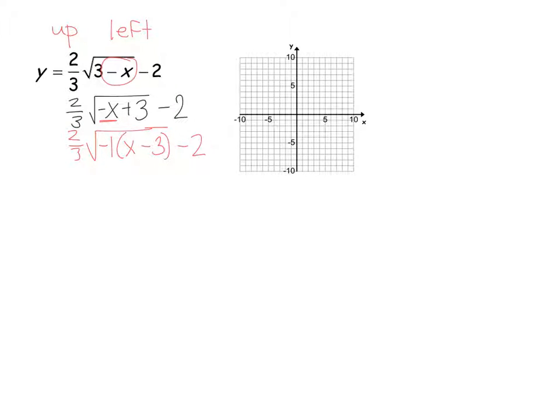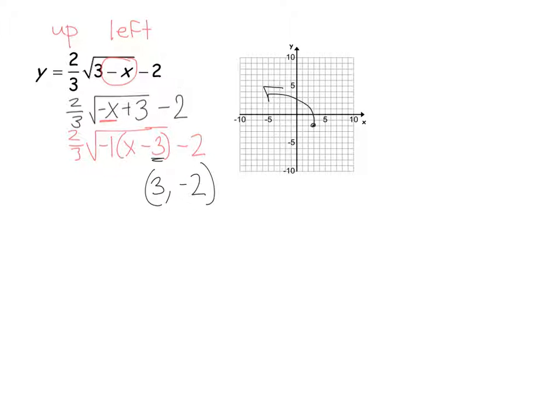So now the formula has X minus, and then whatever you're subtracting is the value of H. So we're going to pull out that 3, and we're going to pull out the negative 2 for K. So there's our starting point, 3, negative 2, and the graph will go up and left, something like that.